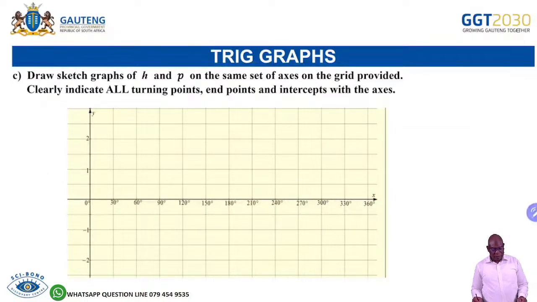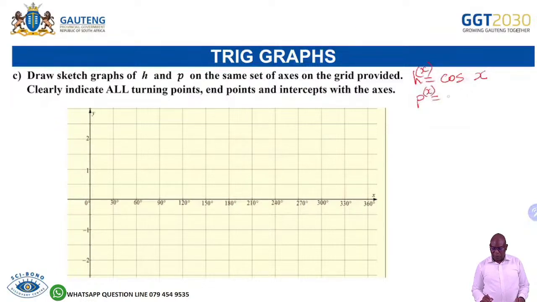in the next question it says draw the sketches of H and P. So remember, the graph of H is the normal cos graph, because we're having the cos graph here, cos x, which is H, and we've got the graph of P, which is, remember, H of x and P of x.